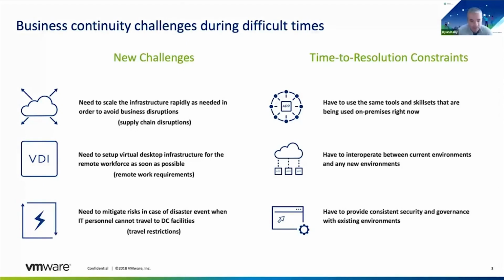So VMware Cloud on AWS was a perfect solution for that. We're able to spin up our environment in about 2 hours, an additional host in about 15 minutes, and then we can use our Horizon suite to deliver virtual desktops on that environment.